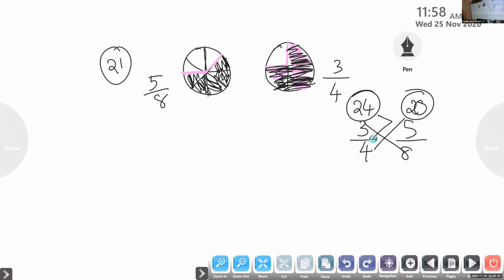If you have any doubt, children, this is an easy method, the cross multiplication method. 8 into 3 stands for 3 by 4, that is equal to 24. Here, 5 into 4 is 20. So clearly, 3 by 4 is greater than 5 by 8, and we can write the step.